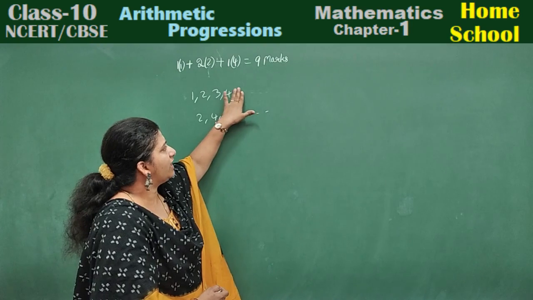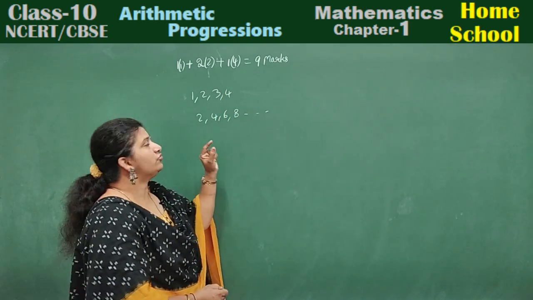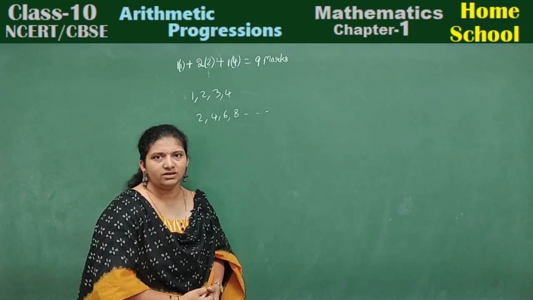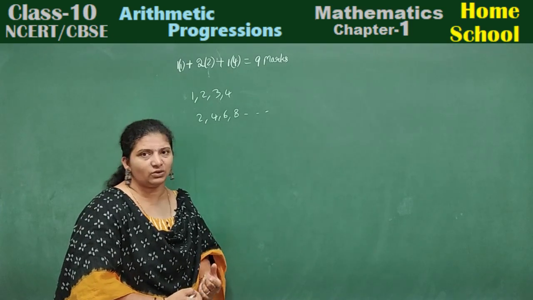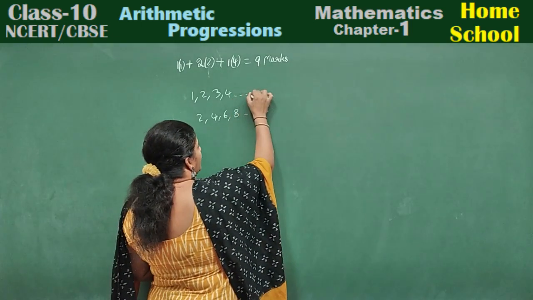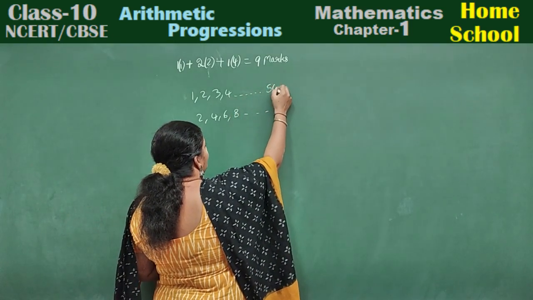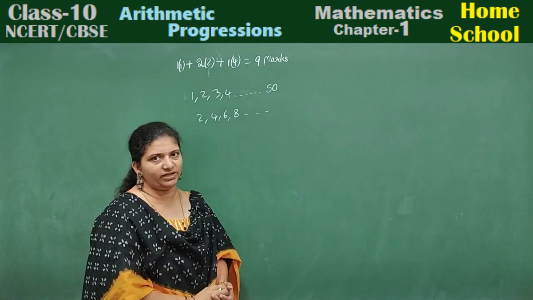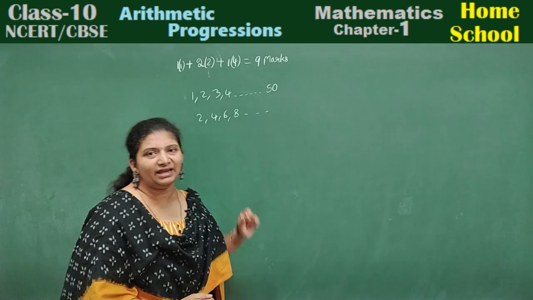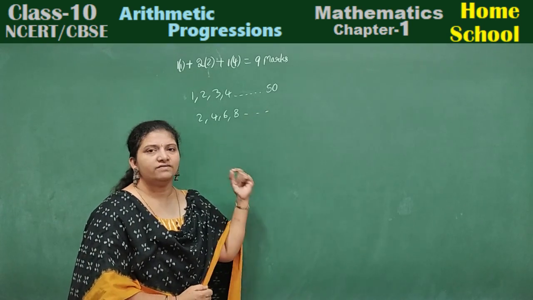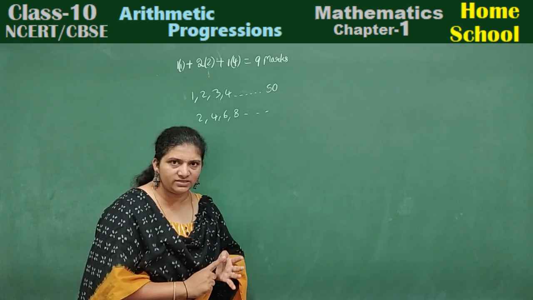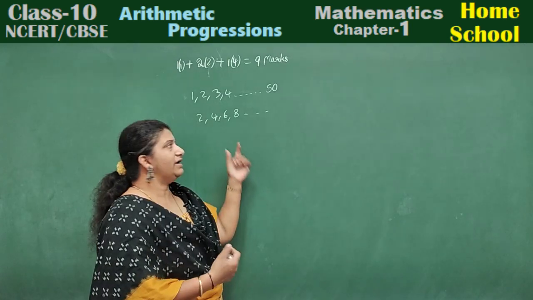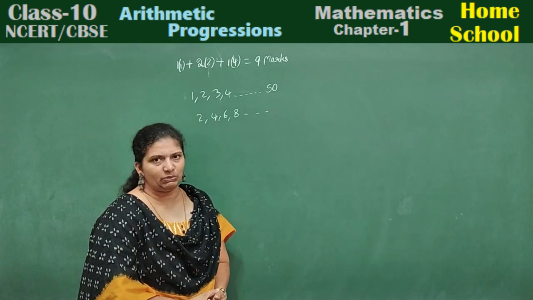Suppose I clean this, and 1, 2, 3, 4 are the 4 numbers, it is a finite sequence. Or if I give dot dot dot here and go up to 50, yes, it is a finite sequence where there is an end. First, we should know what a sequence is, what a finite sequence is, and what an infinite sequence is.